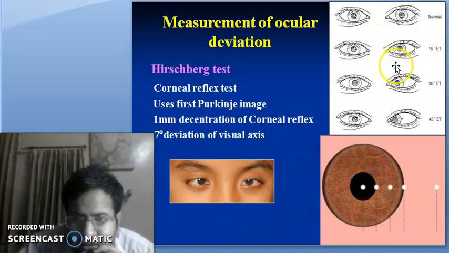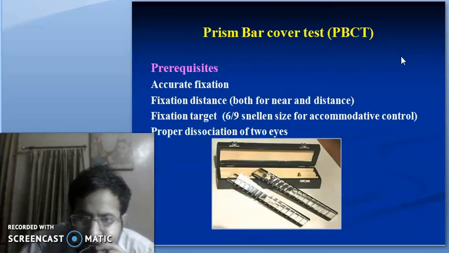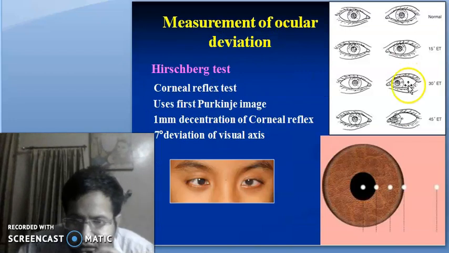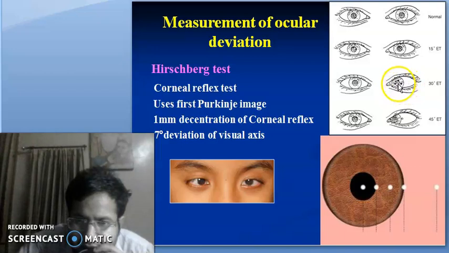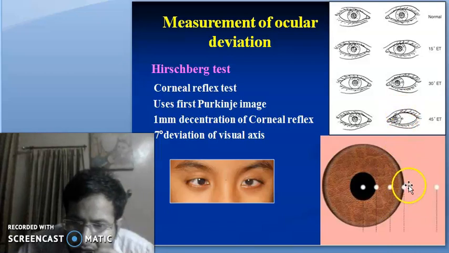If it is 15 degree esotropia, then the corneal reflex is at the edge of the pupil. If it is 30 degree esotropia, then it lies between the limbus and the pupillary margin. If it is 45 degree esotropia, then the corneal reflex is present at the limbus.